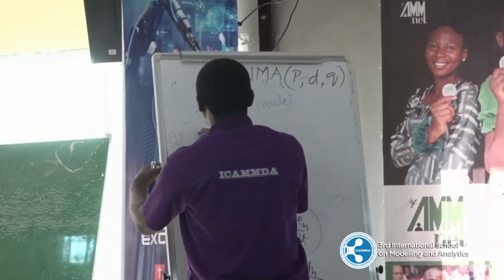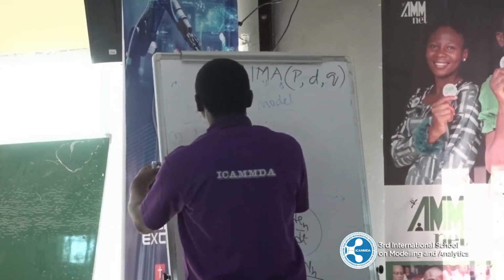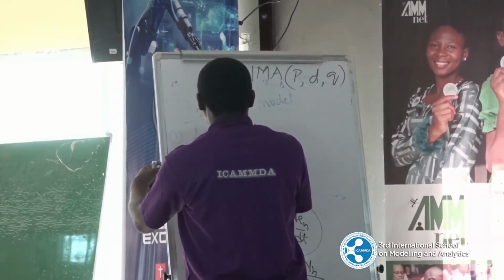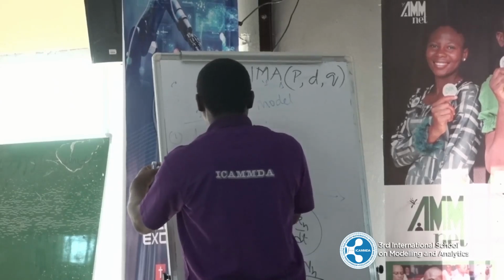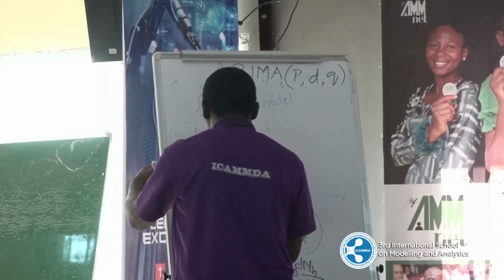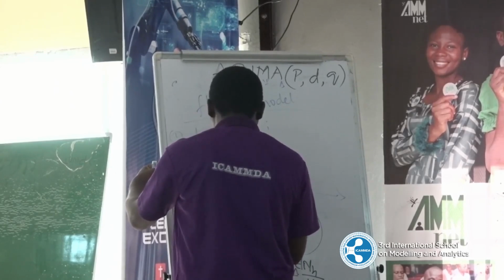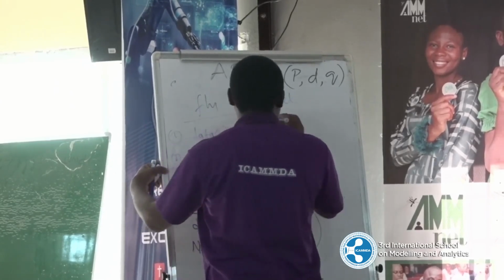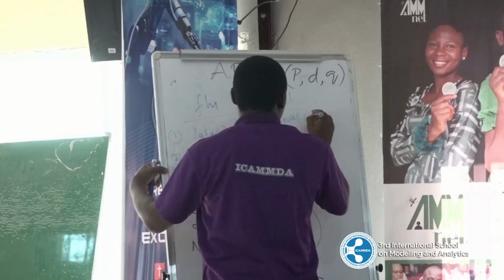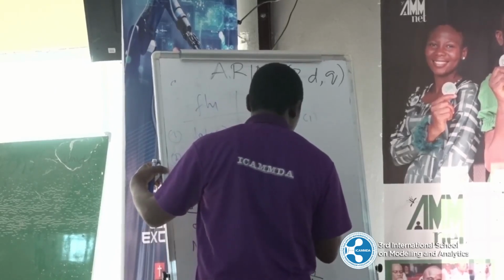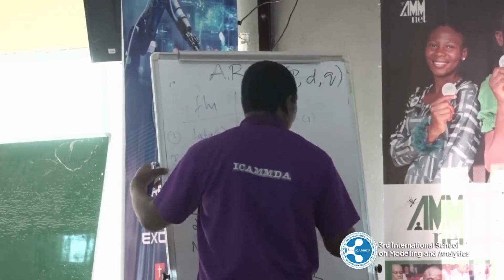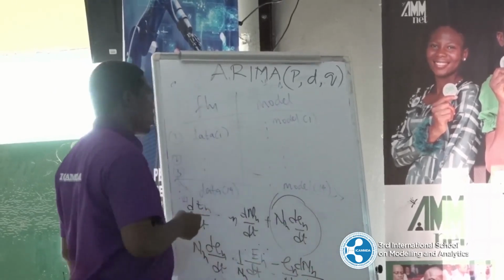Let me call this the first data point, and then up to the 14th data point. The model also produces the first point up to the 14th point. Is that okay? Are we together? All right.